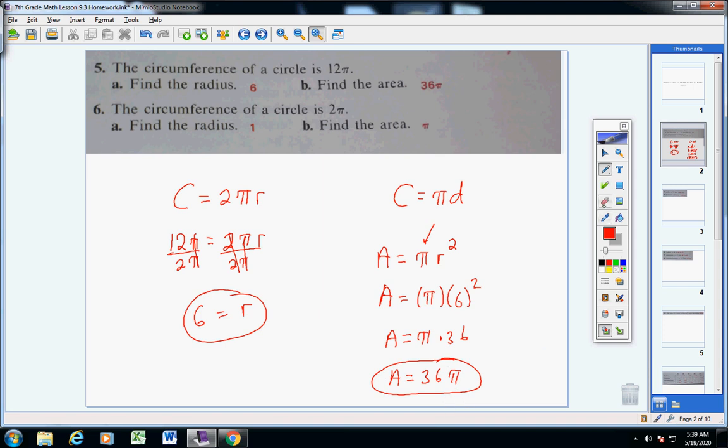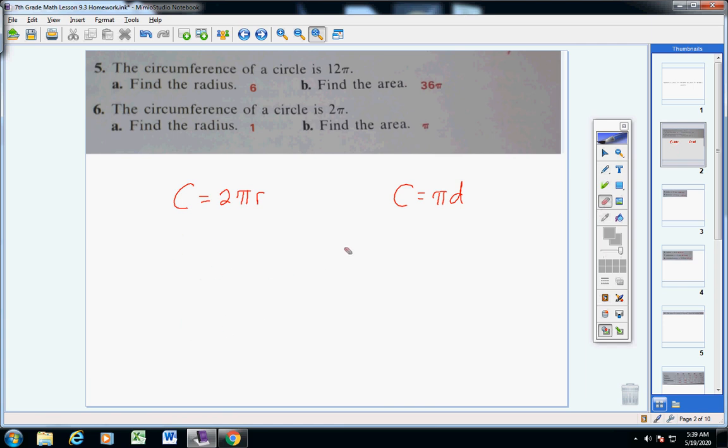Okay? Alright, number 6. They give us the circumference, right? And they want us to find the radius again. So yes, you could use this formula here, but there's no need to. This formula has radius in it. So circumference is 2 pi r. Bring down your 2.